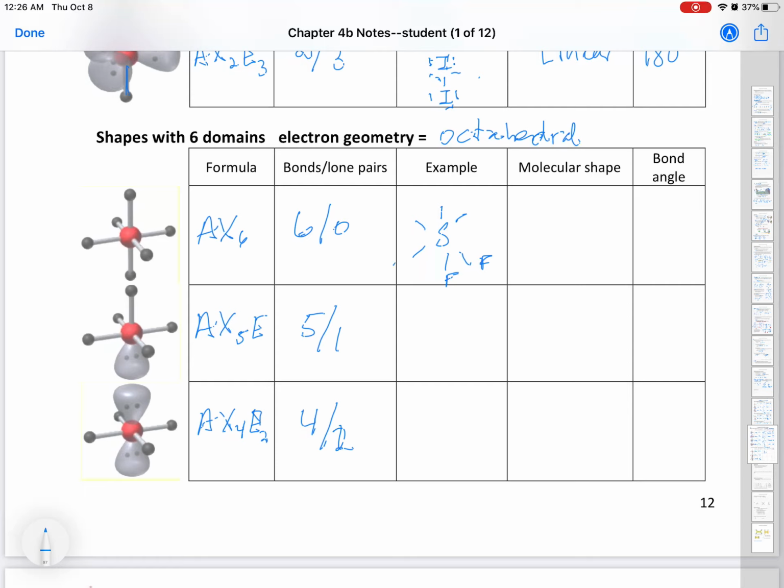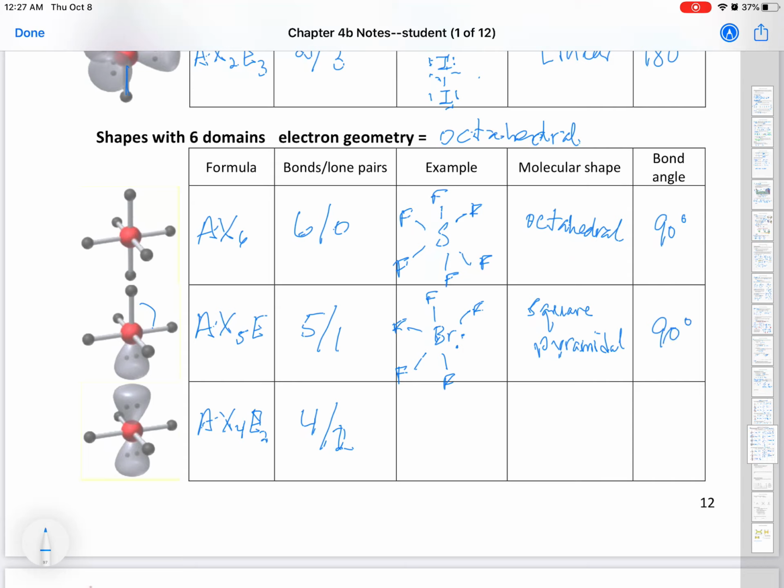SF6. And this electron geometry and molecular geometry are called octahedral. And these bond angles are all 90 degrees apart. An example of this one is BrF5. And this shape is called square pyramidal.